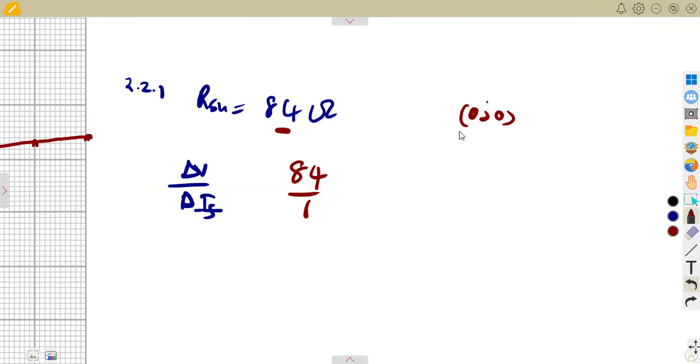Already you've got the point 0, 0. You just need to mark another point which is visible. It was supposed to be 84 and 1, like y and x. So it was supposed to be 1 and 84. It is difficult for us to mark the point 1, 84. So we are just looking for another point that we can use. So if I multiply by 2, what is going to happen?